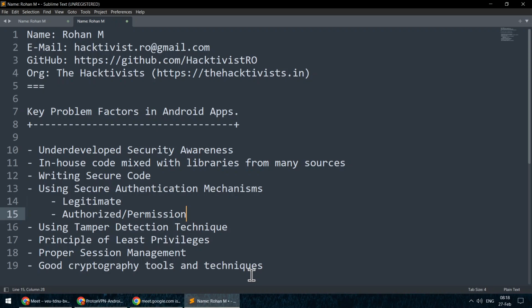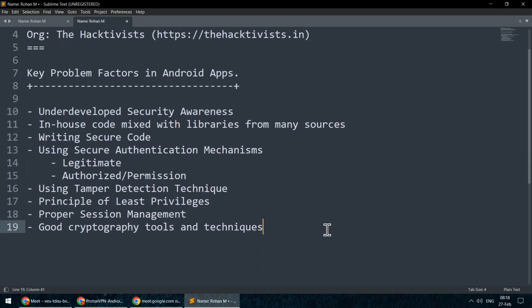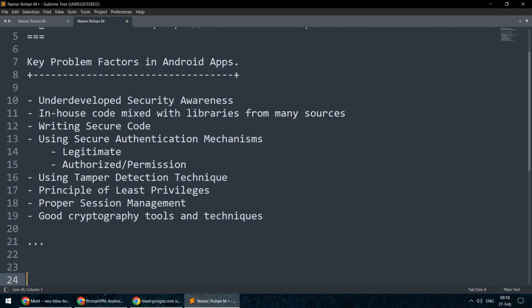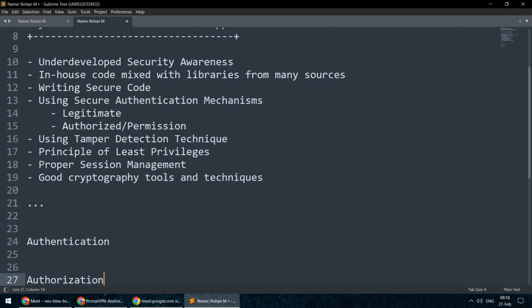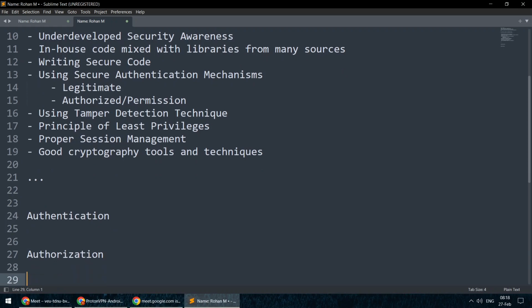Okay. We have two key terms here. I feel that we should be discussing that here and now. One is authentication, another one is authorization. Most people believe that authentication is authorization, but we do have a significant difference here. Authentication is not authorization.